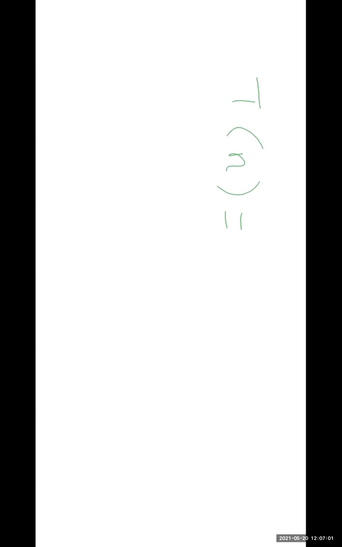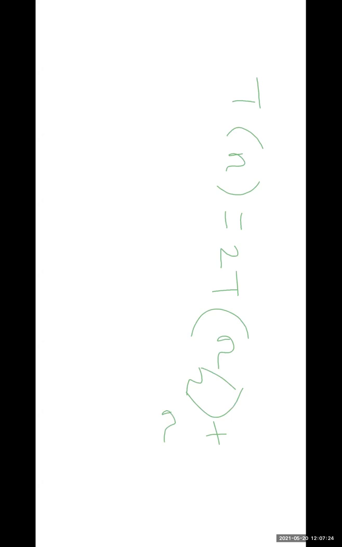So the total time will be 2T(n/2) plus n. This will be our total time, that is T(n) = 2T(n/2) + n.